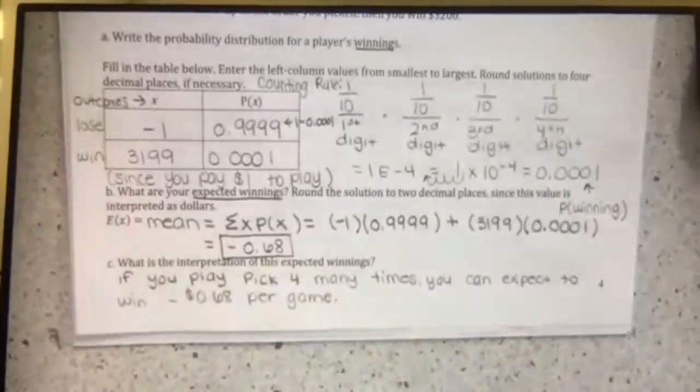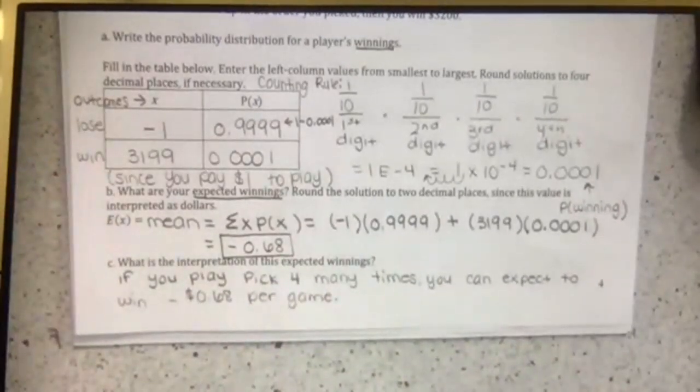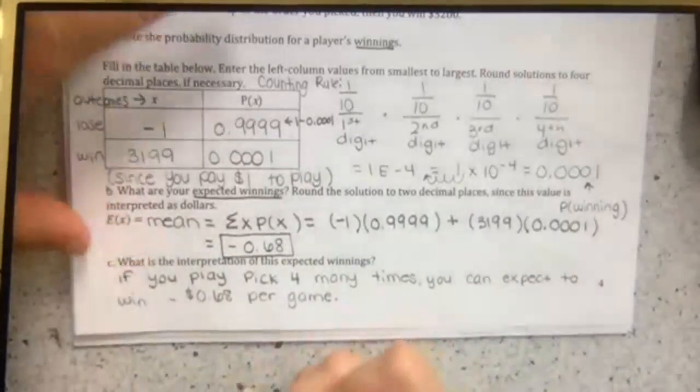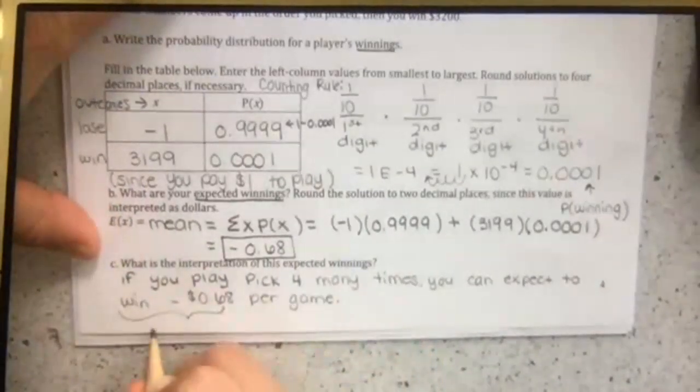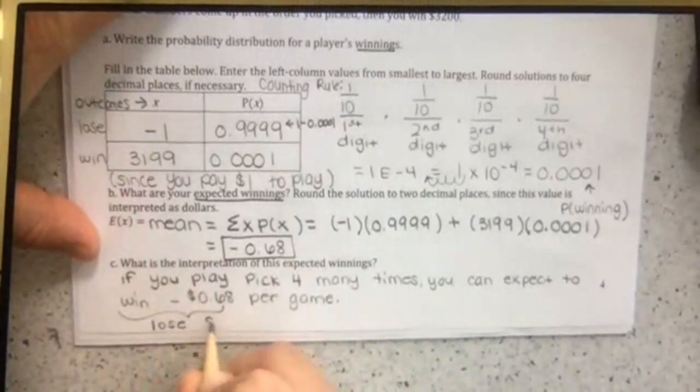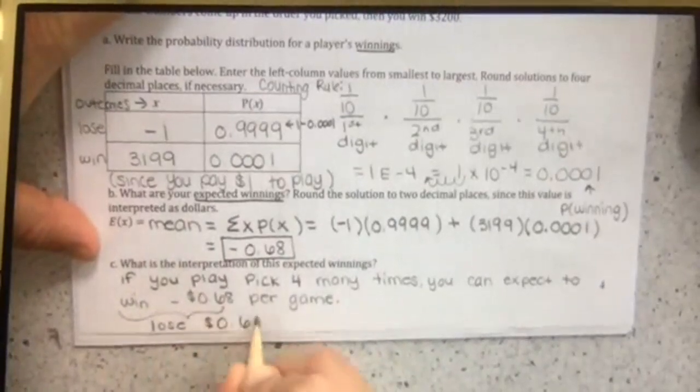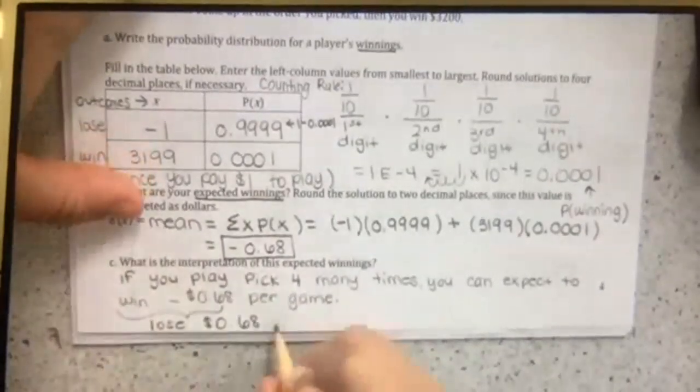That's just the way they worded it. To me, that sounds weird because you're going to win negative 0.68. You're going to lose 68 cents per game.